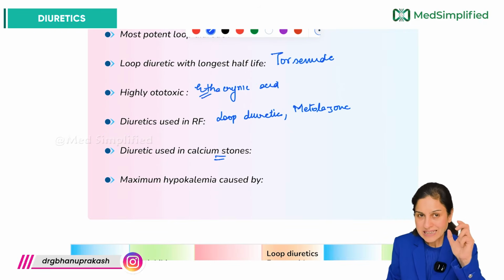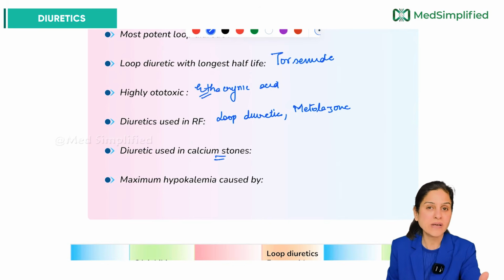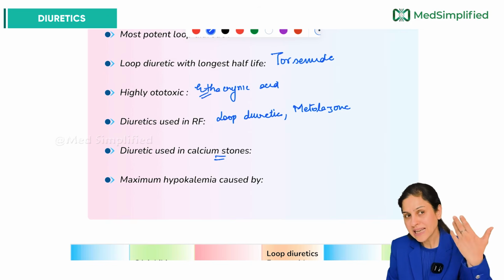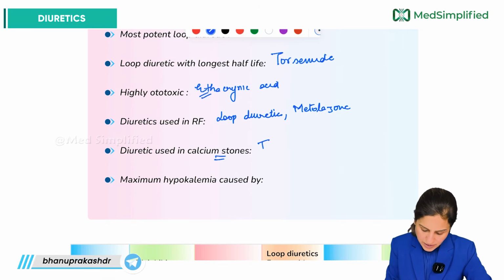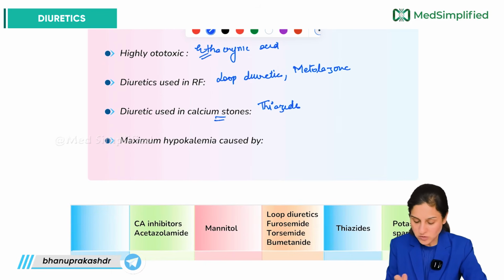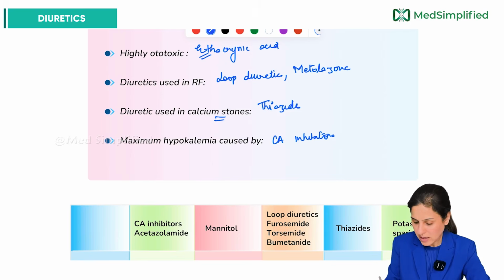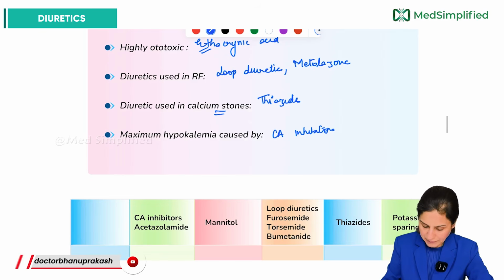If there is increased calcium in the urine, we need a drug which doesn't throw more calcium in the urine, rather retains the calcium. So we have thiazides. And maximum hypokalemia is caused by which we already discussed: the carbonic anhydrase inhibitors or acetazolamide, if they ask you the question specifically.